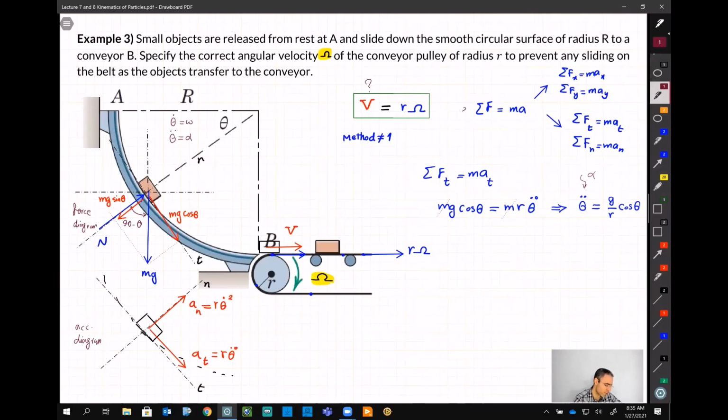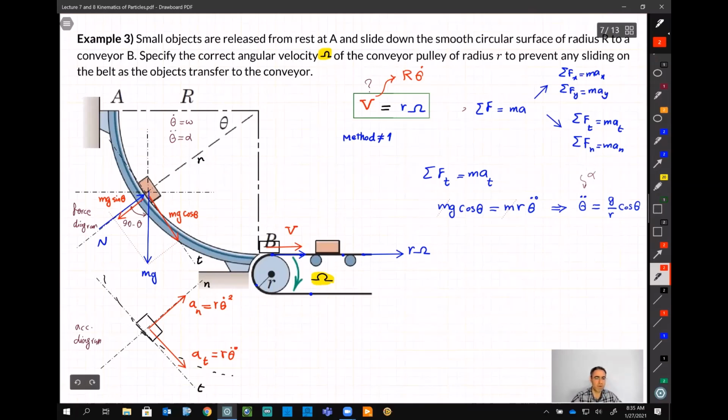Because for us to solve this problem, we need to find a speed. Let me go back to what we started with at the beginning. This v, we know v is equal to r multiplied by theta dot. Do you guys agree on that?